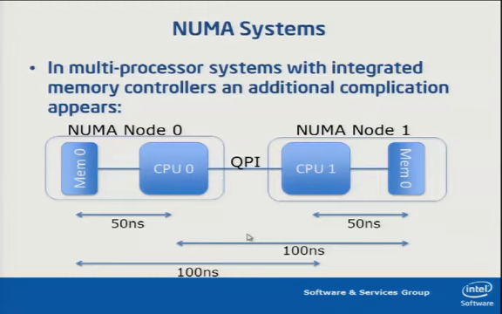Now, in order to give you more bandwidth, we integrated the memory controller. This is the device that maps addresses to the DIMM number or the row number in the DIMM and so on. So it maps the address to a physical piece of hardware in the system. We put it on the chip to be faster.